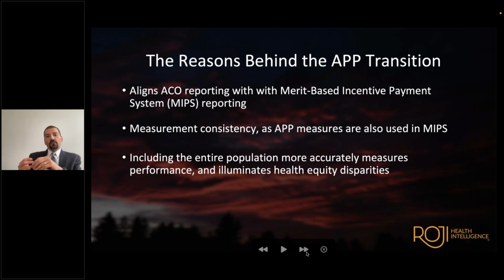And so this helps to align the way that people participate in the quality payment program overall. It also ensures that measurement is consistent, because APP measures are also the same measures that are used in MIPS. And including the entire population more accurately measures performance. It also illuminates health equity disparities.